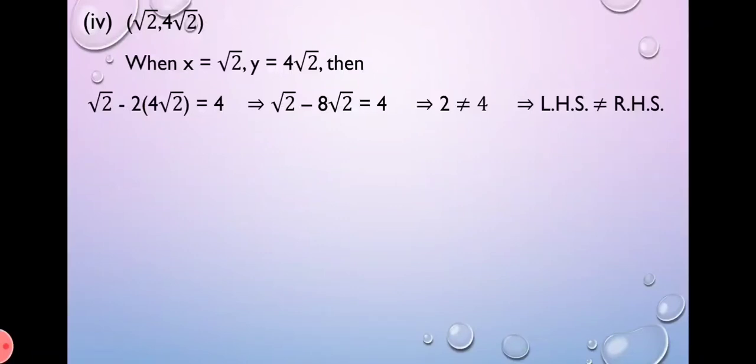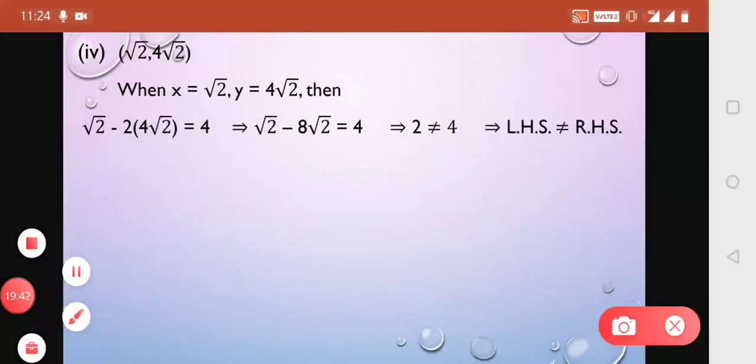That is minus 7 root 2, because here it is minus and here it is plus.